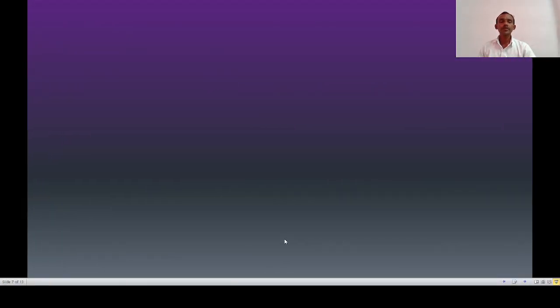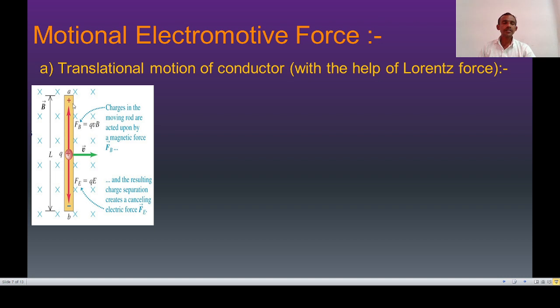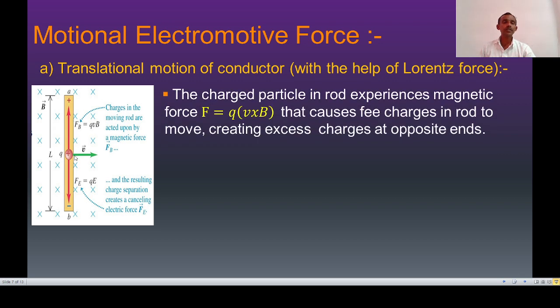Now this concept, the motional electromotive force in translational motion of the conductor, can be understood with the help of the Lorentz force also. For this case, consider a rod of length L having charges Q placed in a magnetic field B. When we move this rod in the magnetic field B, the Lorentz force acts upon the charges.